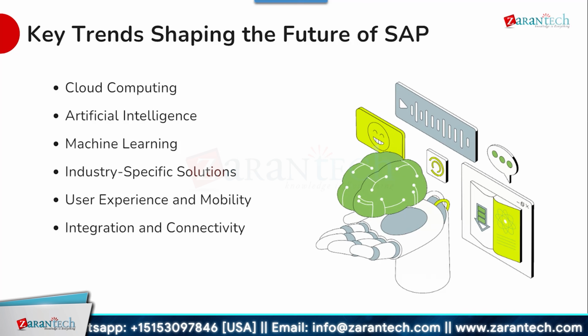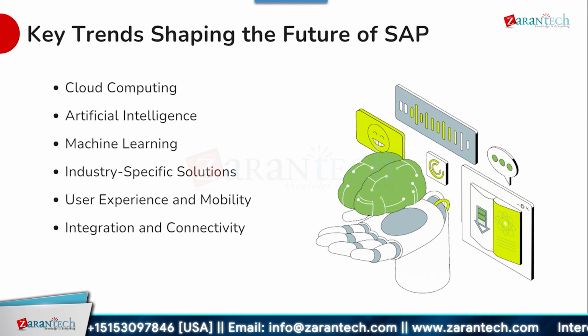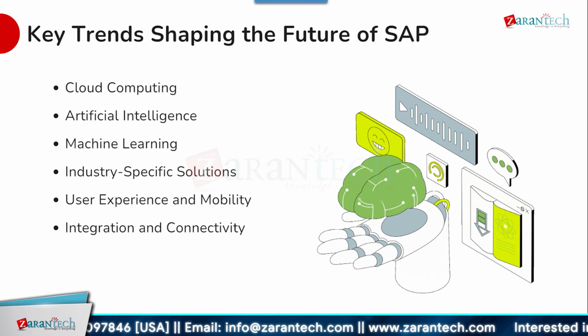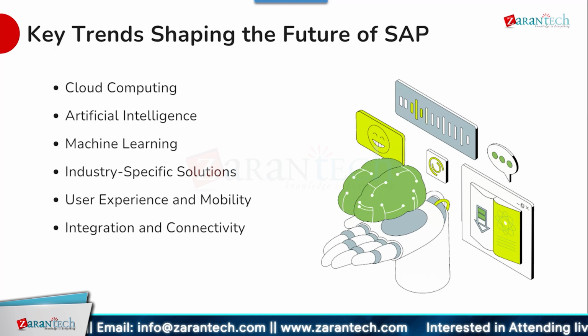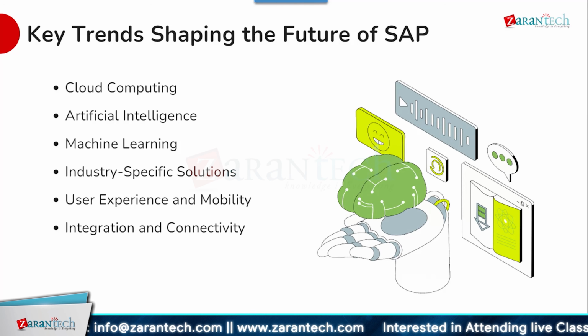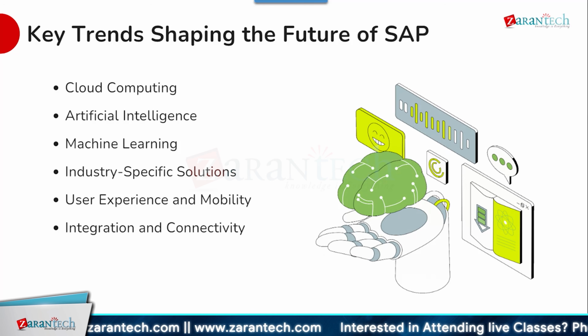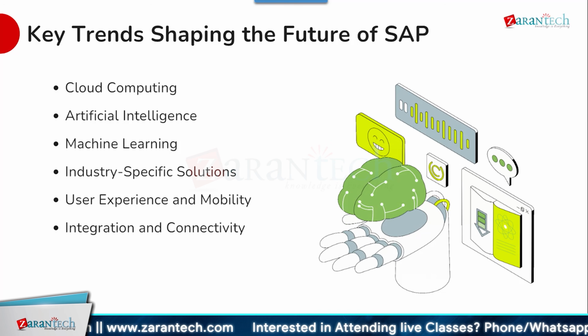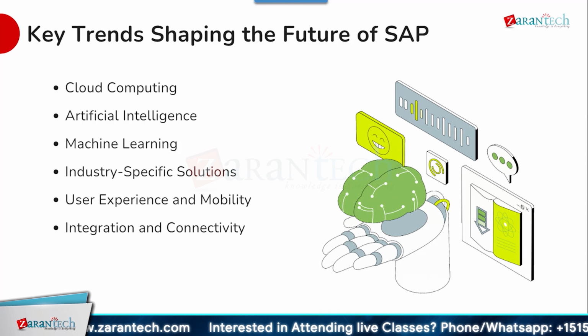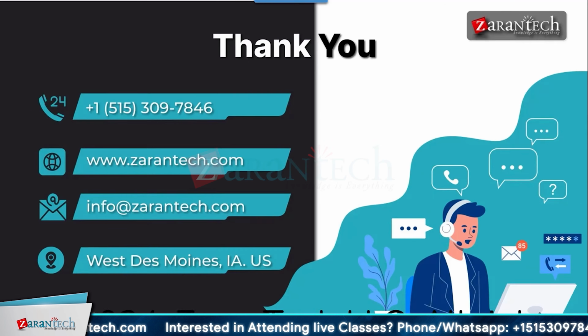SAP is working on better integration with other systems and platforms, including IoT devices. So these trends clearly indicate that SAP ERP will continue to evolve, becoming more intelligent, accessible and adaptable to changing business needs in the coming future.